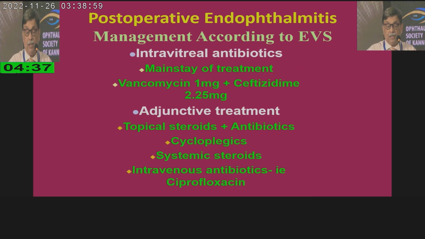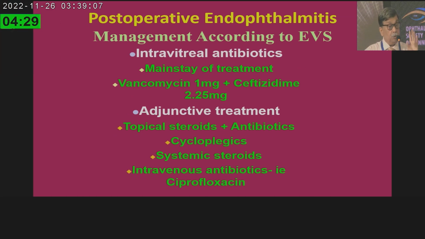in mind? Well, the mainstay of management still remains vancomycin 1 milligram and ceftazidime 2.25 milligrams. But we do know that the resistance to ceftazidime is increasing. And this is supplemented with topical steroids and antibiotics, cycloplegics, systemic steroids, and intravenous antibiotics, or in case of ciprofloxacin, you can even give oral ciprofloxacin.